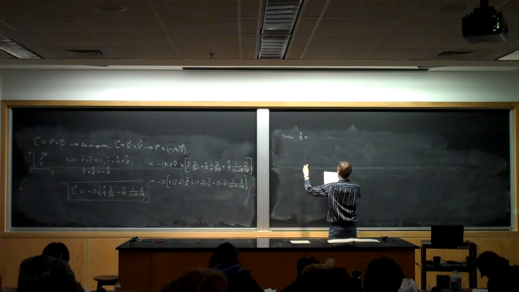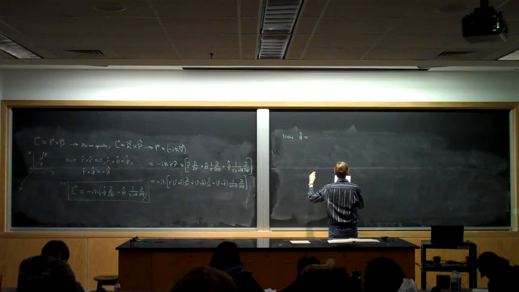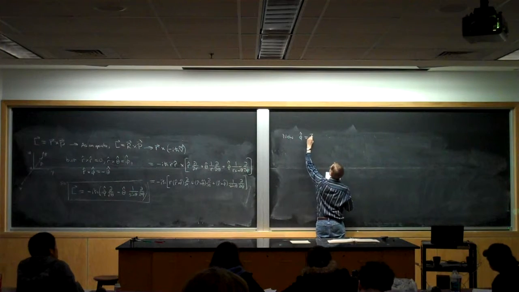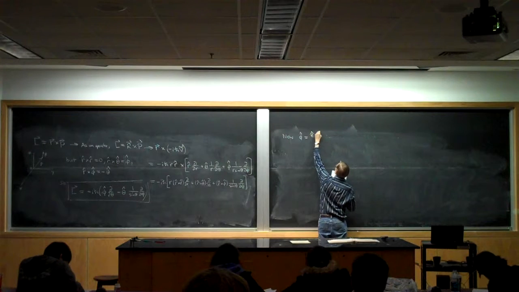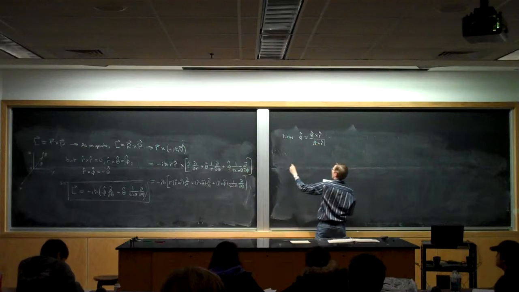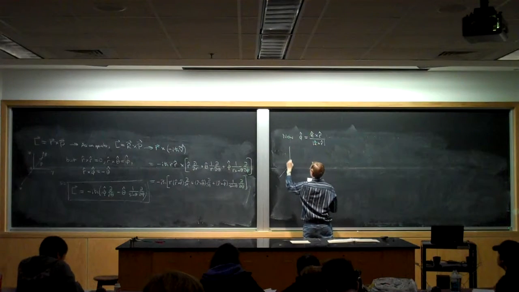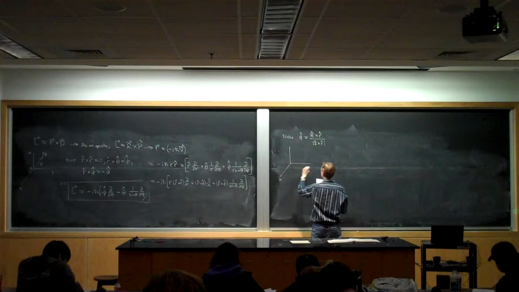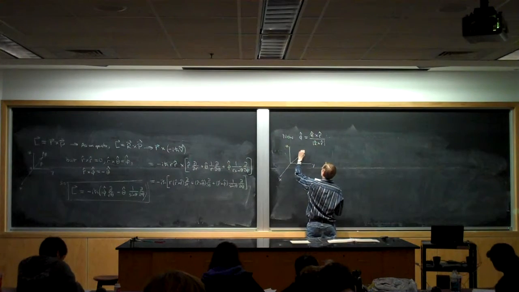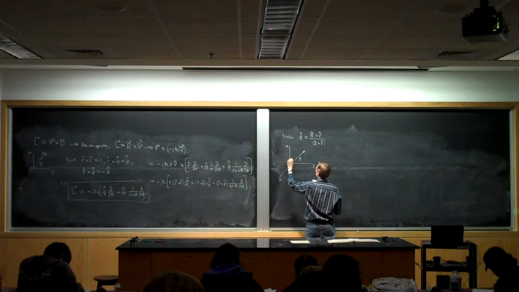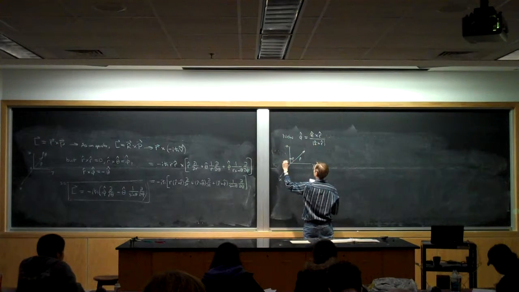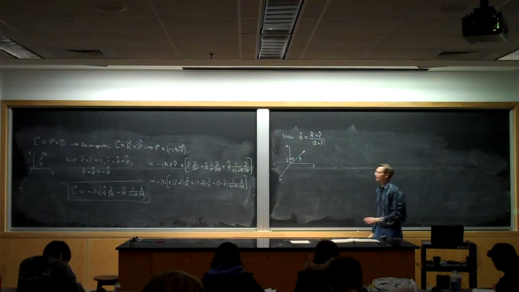Phi hat is also equal to z hat cross r hat over the magnitude of z hat cross r hat, because there's x, y, z, there is r, there is theta, so there's z hat.